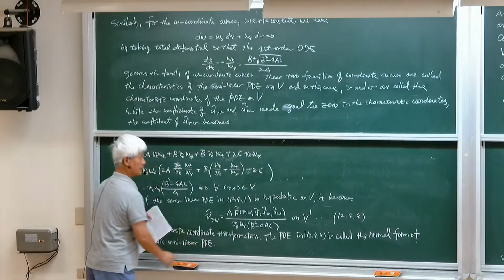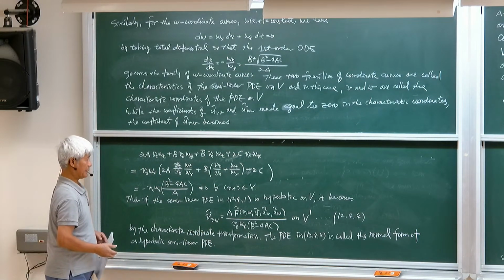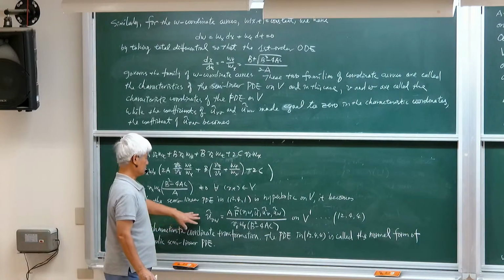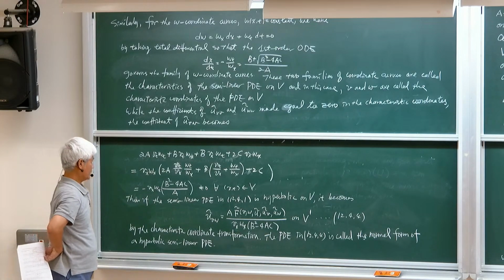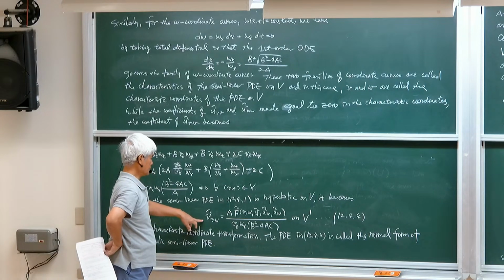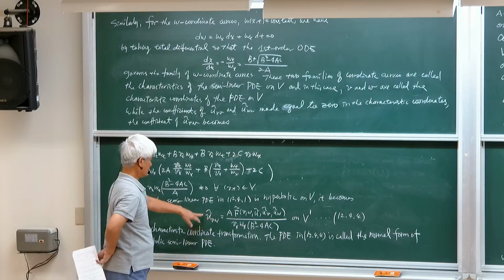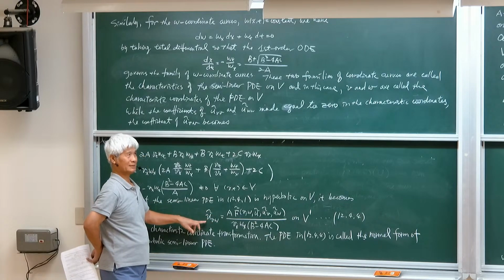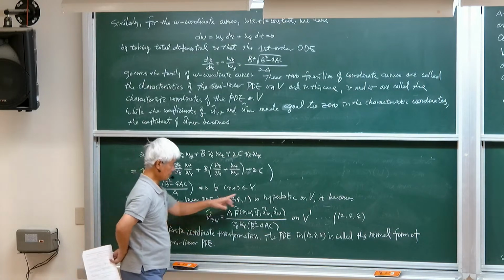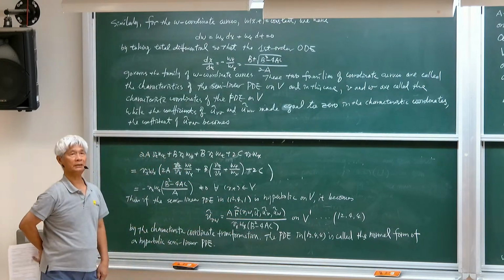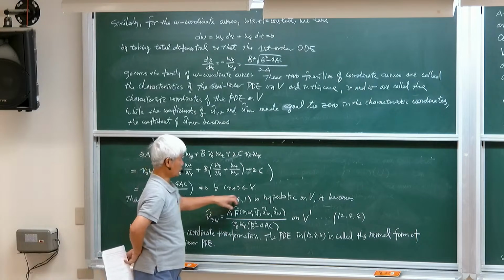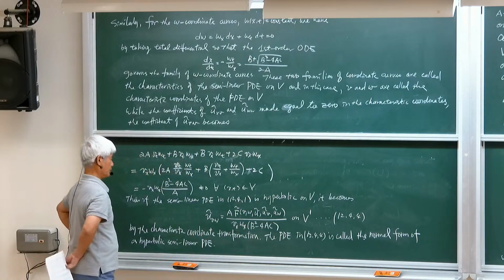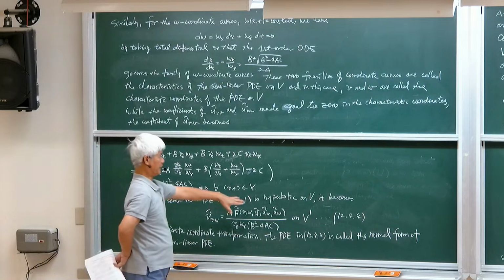Okay, so if the semi-linear PDE is hyperbolic, then we are able to use the characteristic coordinate transformation so that it becomes a linear form, which involves only the mixed second order partial derivative. And the solution of this PDE becomes much easier than the previous one. Okay, so this is called the normal form if it is hyperbolic here.